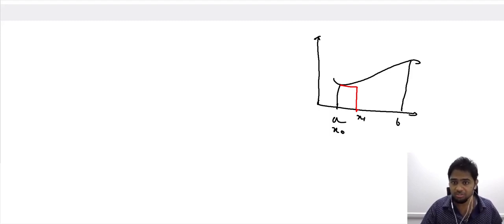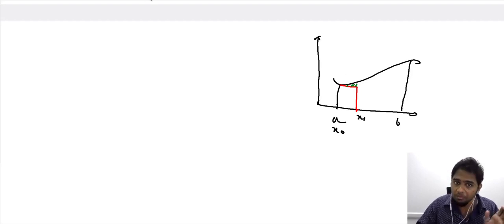If you look closely, when you consider the rectangle alone, you have an error of this much between the approximation and the curve.